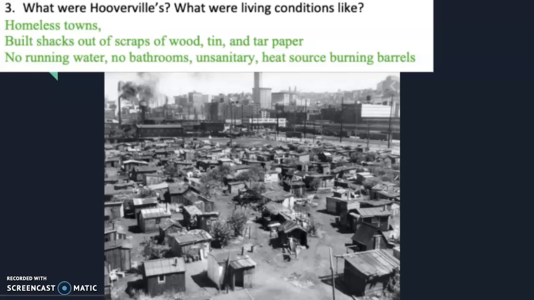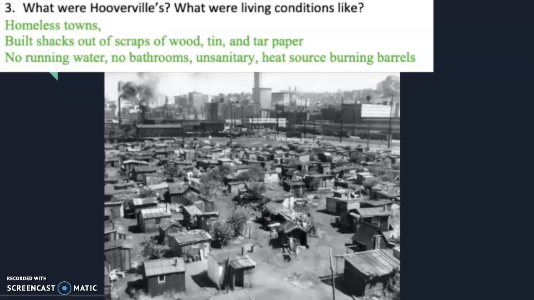There weren't any bathrooms. And if you don't have any running water, obviously that leads to unsanitary conditions, not being able to wash up. Heat was basically burning barrels. So they had a big metal barrel that they would throw whatever they could light on fire in, and you could go stand by it for heat, or something very similar in their shacks as well.